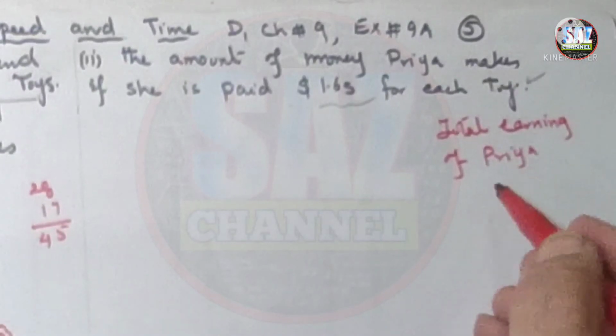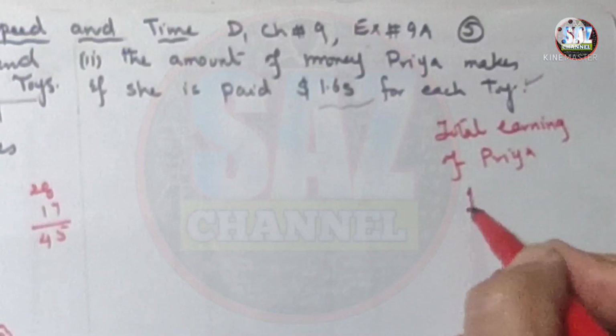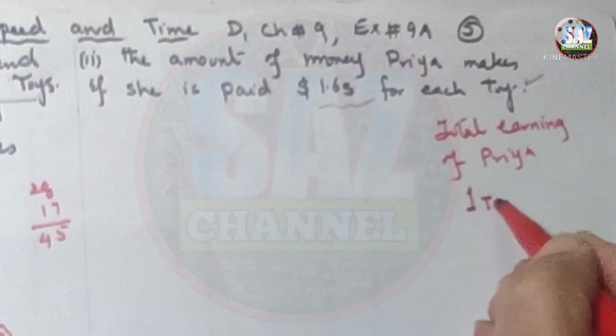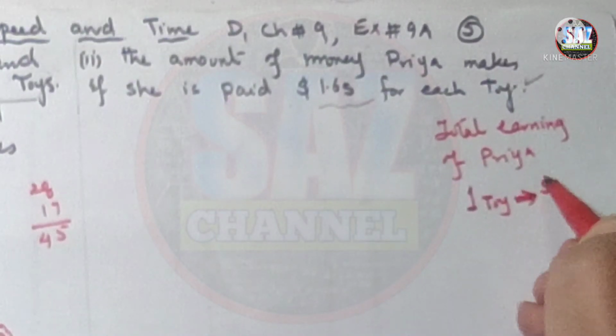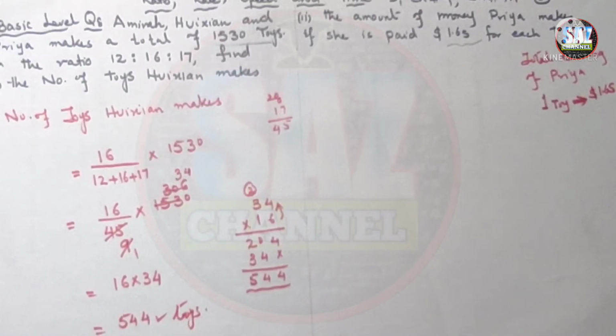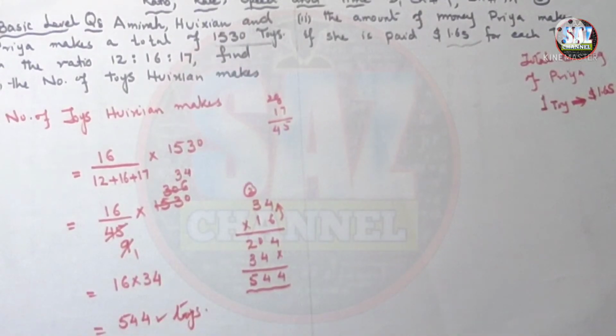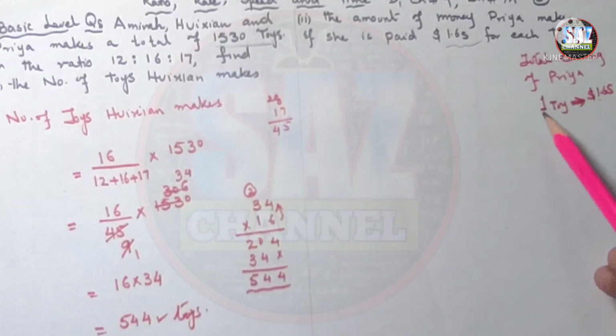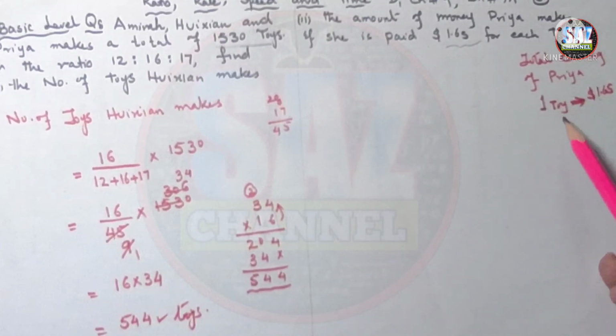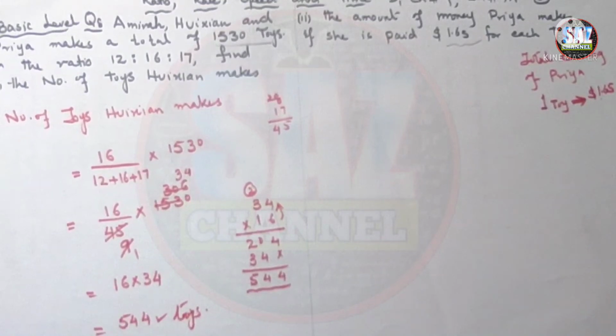For one toy she is paid 1.65. So first of all, we will be finding how many toys she is making, and then, if for one toy she is getting $1.65, for that number of toys how much total amount she will be getting. So let's go for the solution.